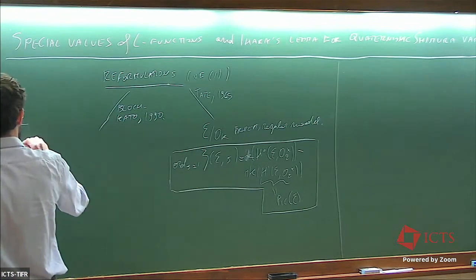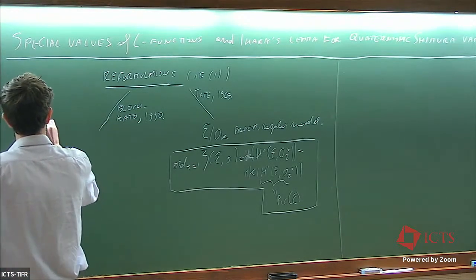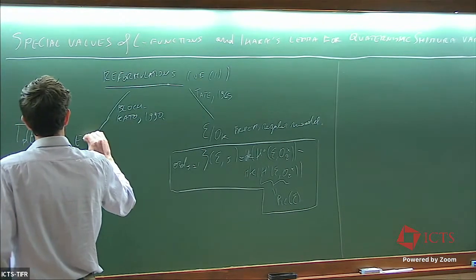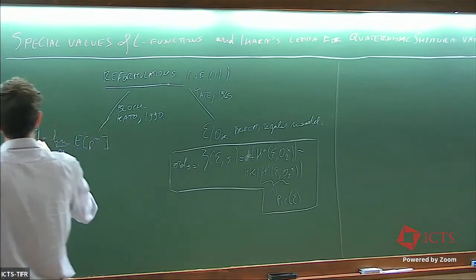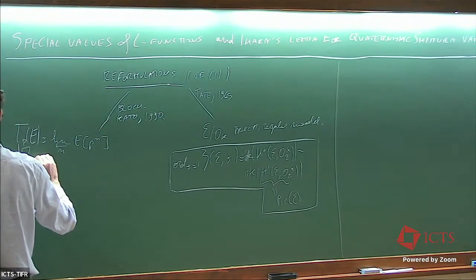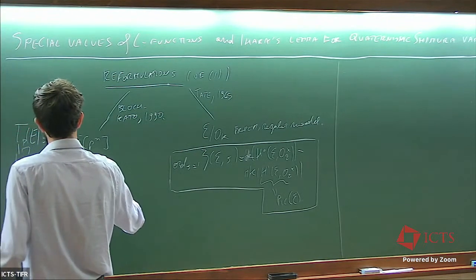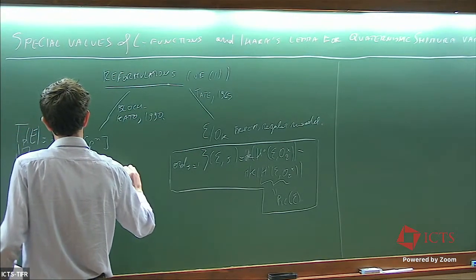Let me introduce some notation. T_p of E will be the p-adic Tate module, and this sits inside V_p of E, which is by definition just T_p tensor over Z_p with Q_p.